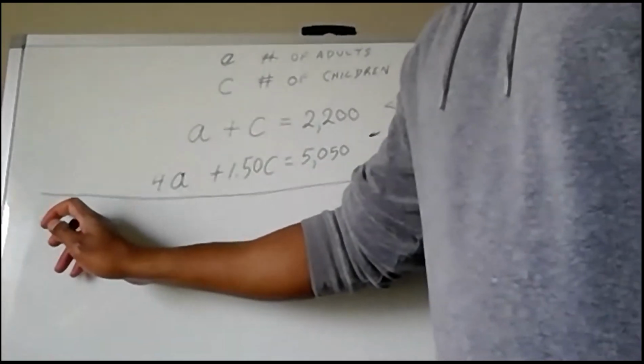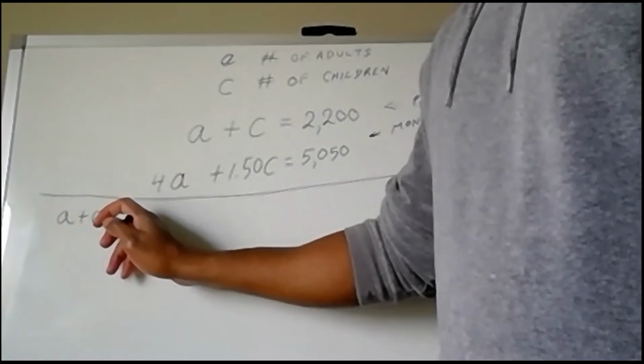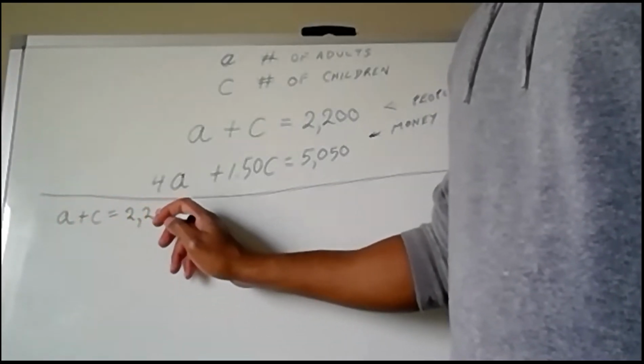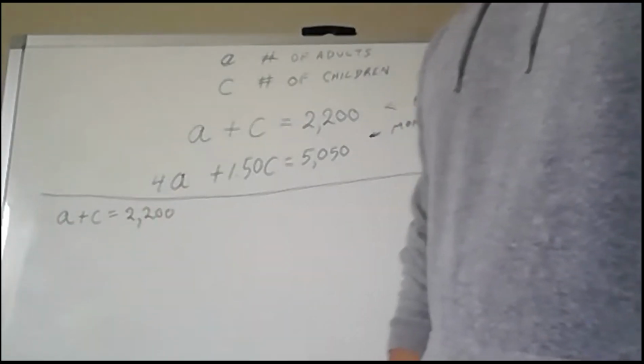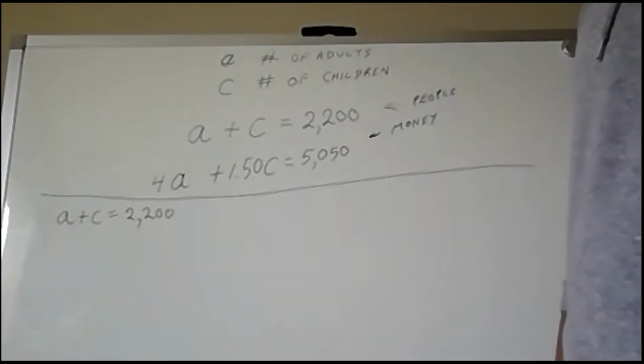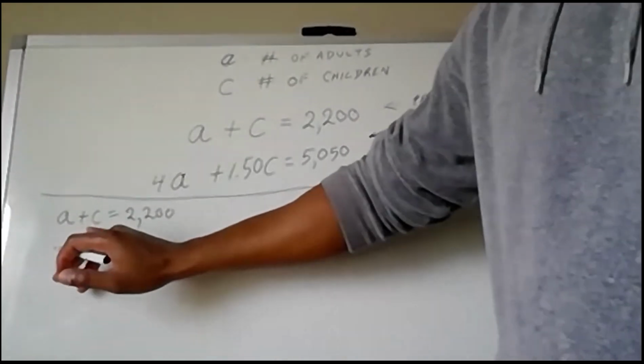Okay, so let's write that equation again. We have A plus C is equal to 2,200 people. Number of adults plus number of children is equal to 2,200. But I want this to say A is equal to everything else. So I need to get C over to the right.